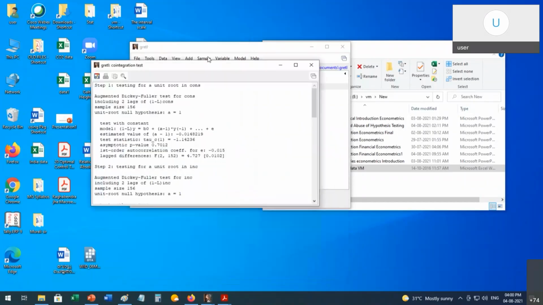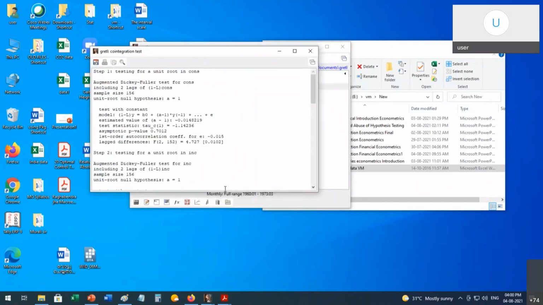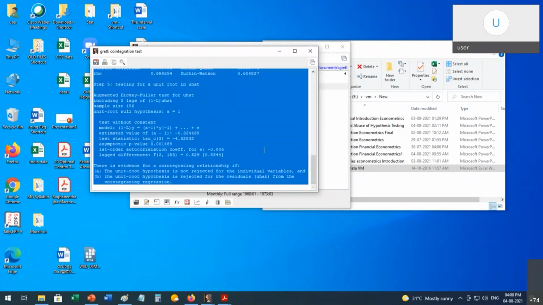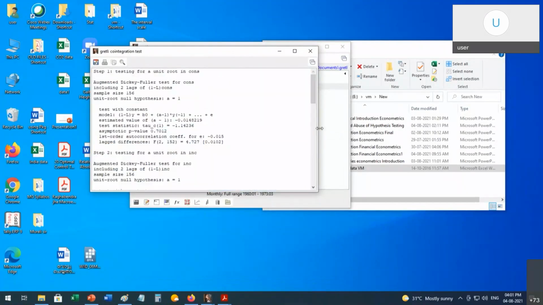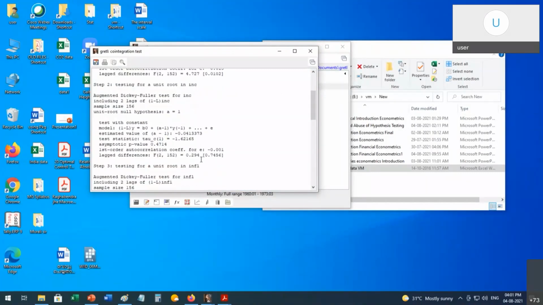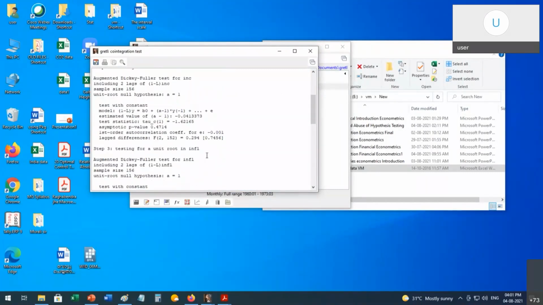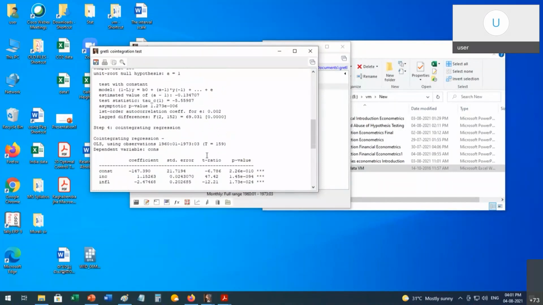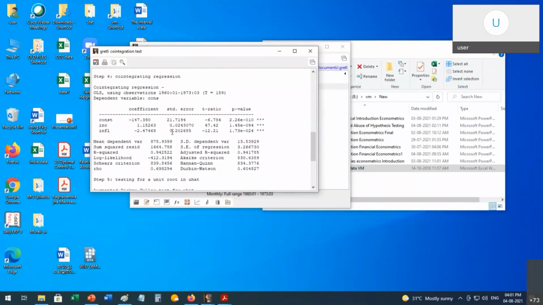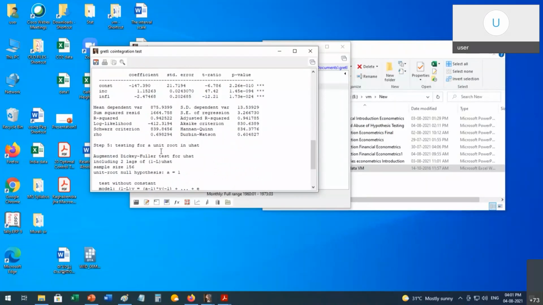And here what Gretl does is it will test the unit root of all the variables. That is, it will test for a unit root in consumption, testing for a unit root in income, then testing for a unit root in inflation, then the co-integrating regression, and then testing for a unit root in u hat. u hat is the residual.